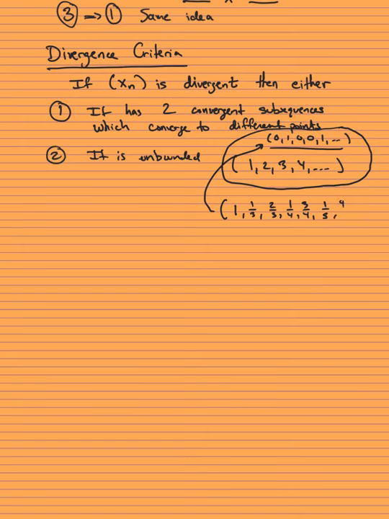I'm not sure why I changed my numbers here. Okay, so you can check, there's a convergent sequence here which goes to 0, and a convergent sequence here which goes to 1. Okay? So it doesn't have to be exactly 0, 1, 0, 1, 0, 1. You can have more varying behavior. Okay? And that's it. Either it's unbounded, so it just shoots off, or you have this.